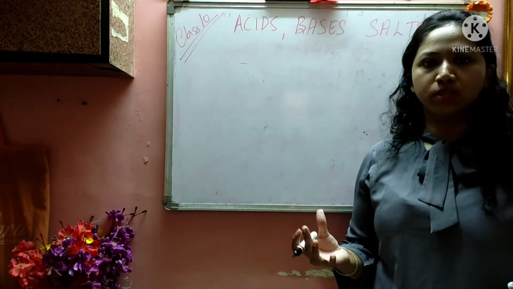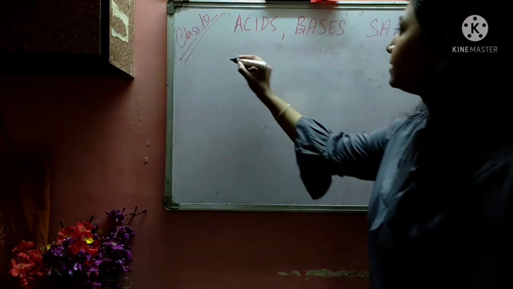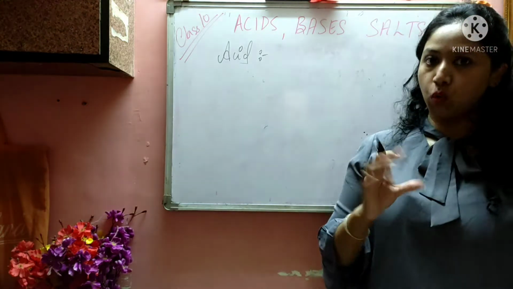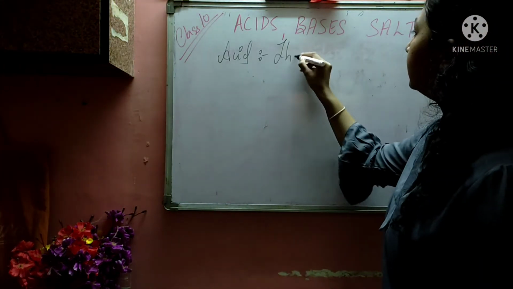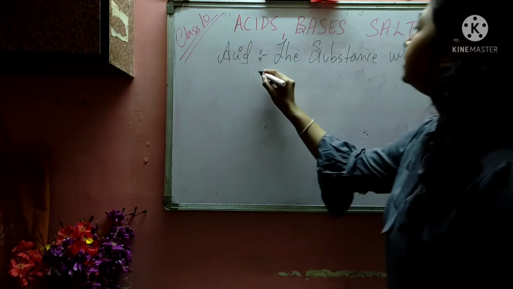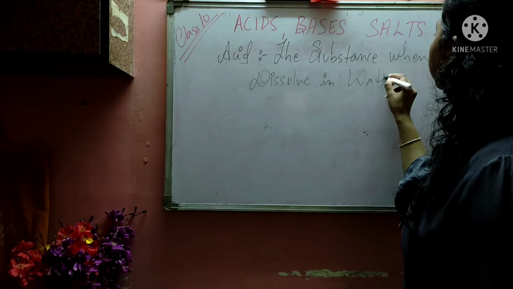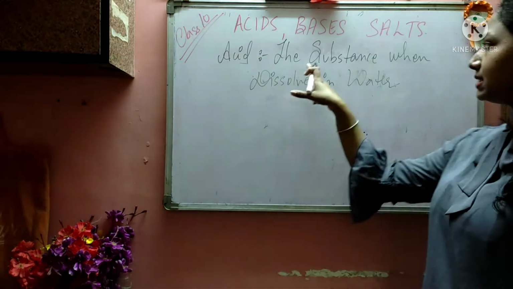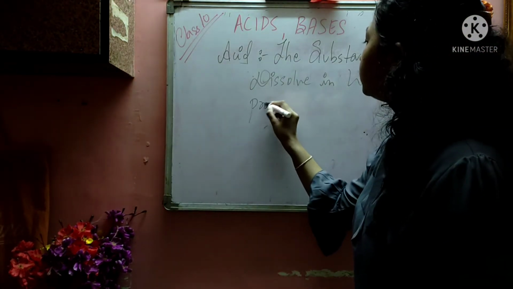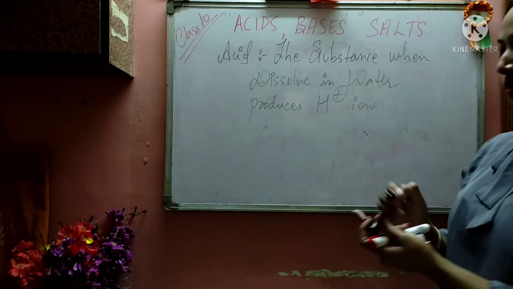Now we'll start with how we are going to define acid in chemistry. What is acid? The substance which, when dissolved in water, produces H plus ions. This is extremely important.